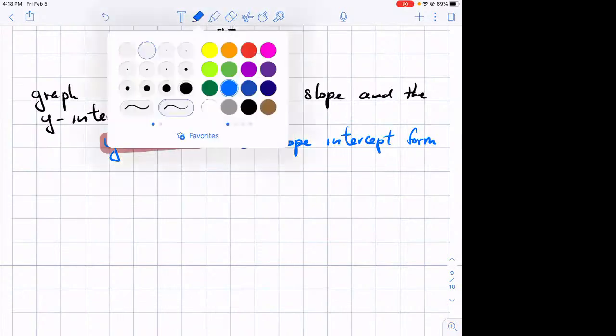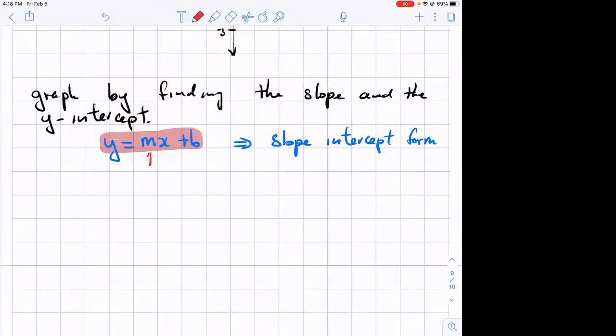The m here stands for the slope, and 0 comma b is what we call the y-intercept. So the y-intercept, remember, x is always 0, okay? 0 comma b. So that's a b.